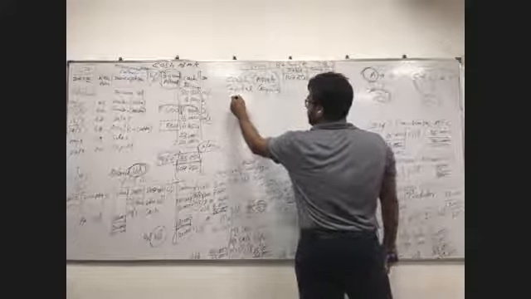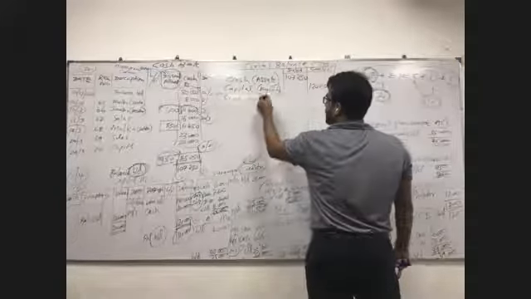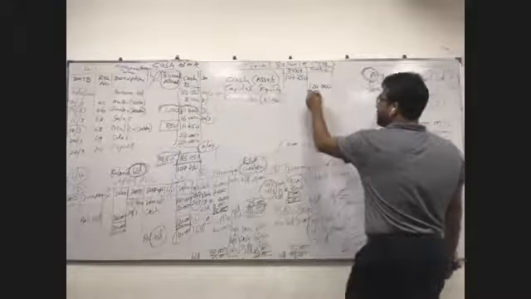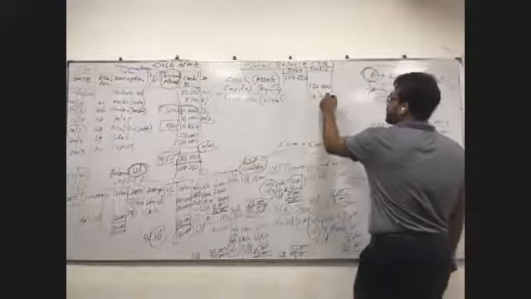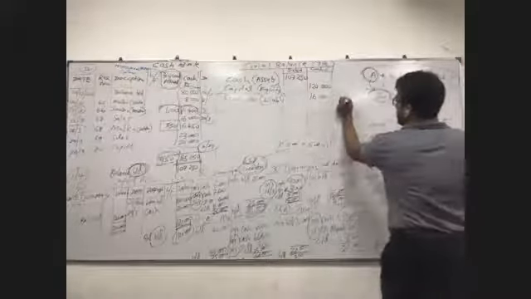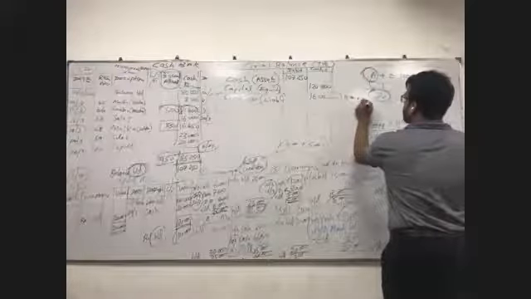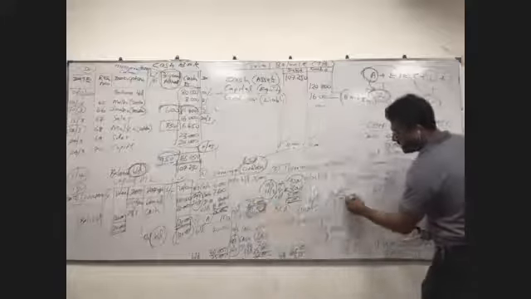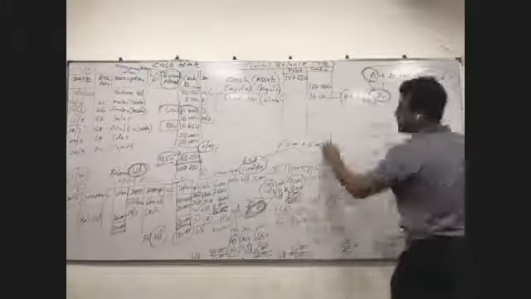Creditor is a liability, so it's a credit balance, 16,000. What is that 16,000? Simply 11,000 plus 5,000.